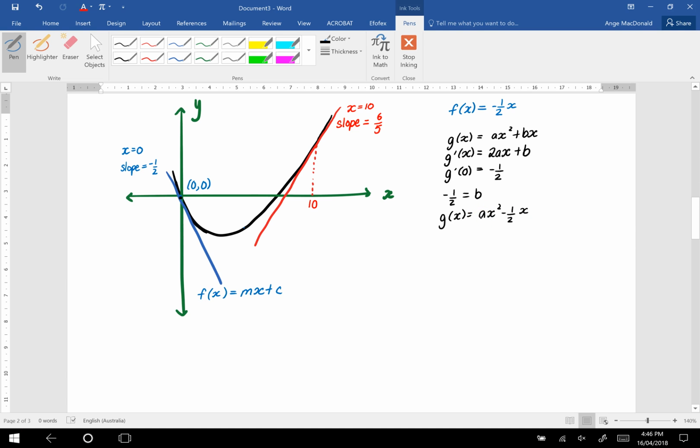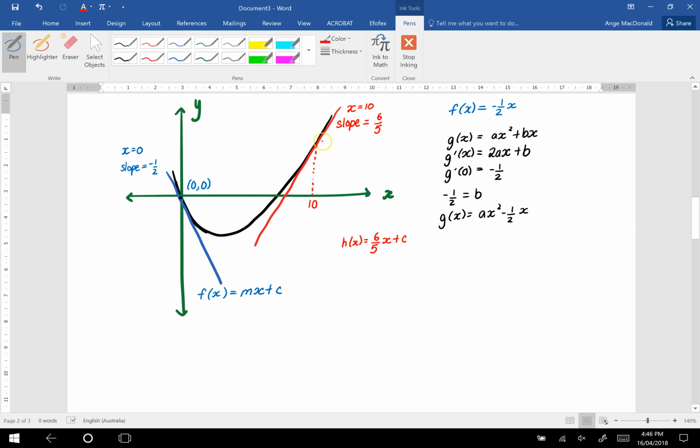So now we're going to turn our attention to our red linear function. And what do we know from that? We know a couple of things. If we call this h of x, we know that h of x will so far be 6/5 x plus c.